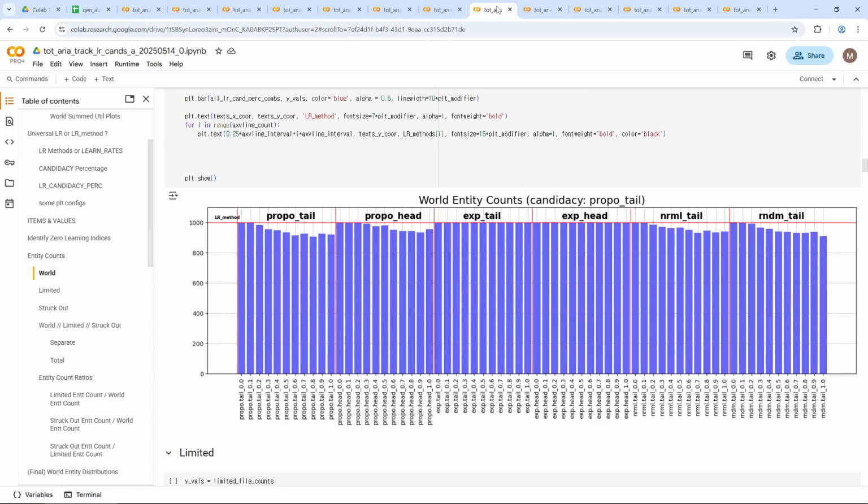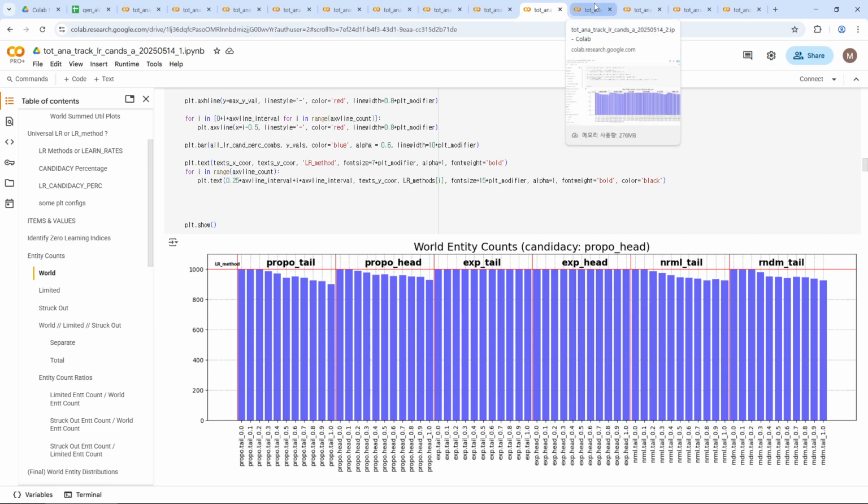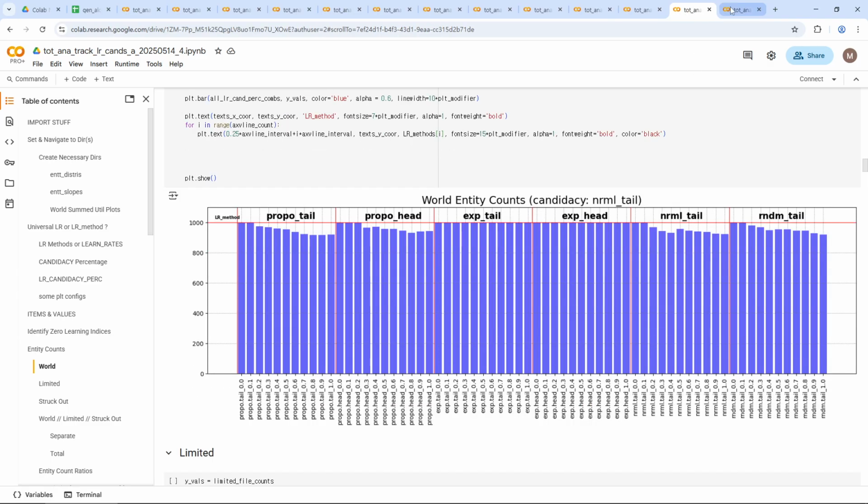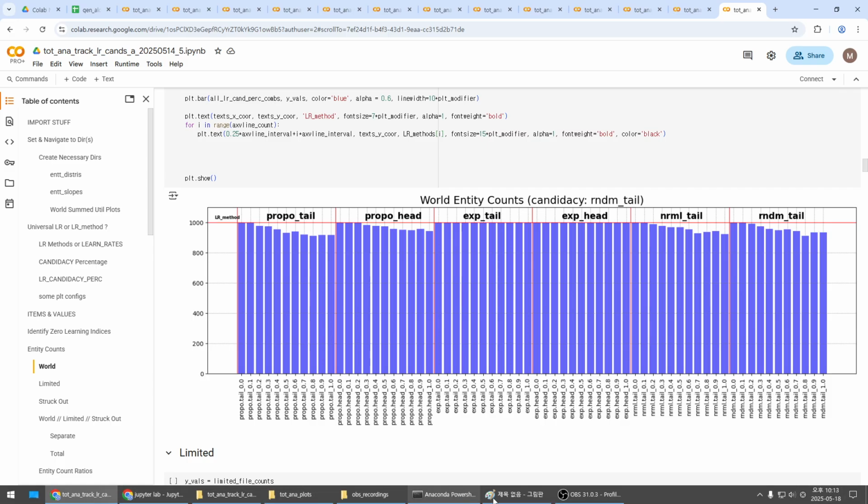So we still see that a higher learn impact results in fewer entities in the final world, except maybe when using exponential tail for the learn rate. Or the exponential head. Yeah, I have a good explanation for that.